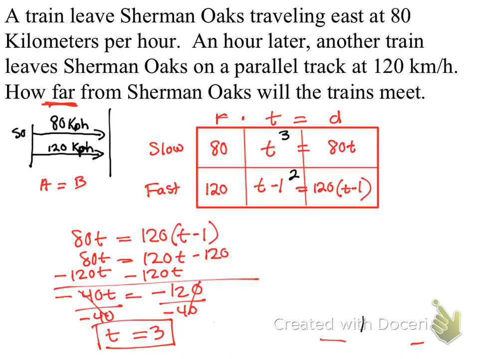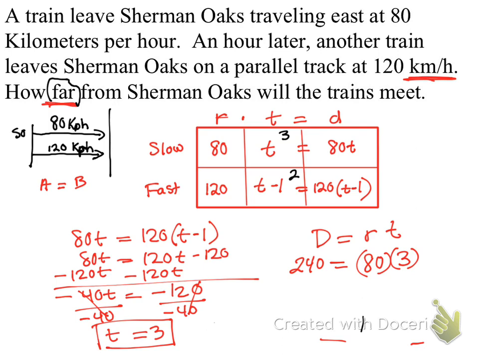But they're asking how far. That's a distance. Isn't distance equal to rate times time? So we know the rate is 80, and if the time is 3, what is the distance? 240. And we are in kilometers per hour.